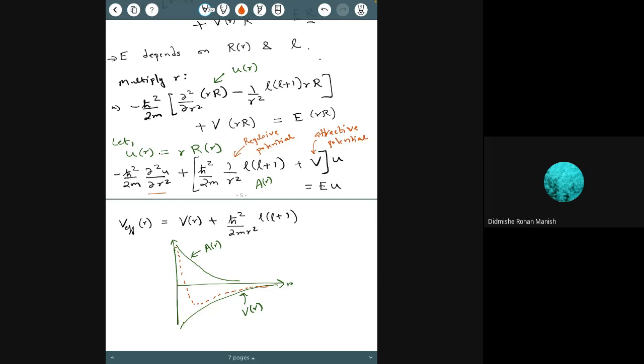In this minima, you will end up with certain bound states. These are quantized bound states, and our target solutions will be actually these quantized bound states.